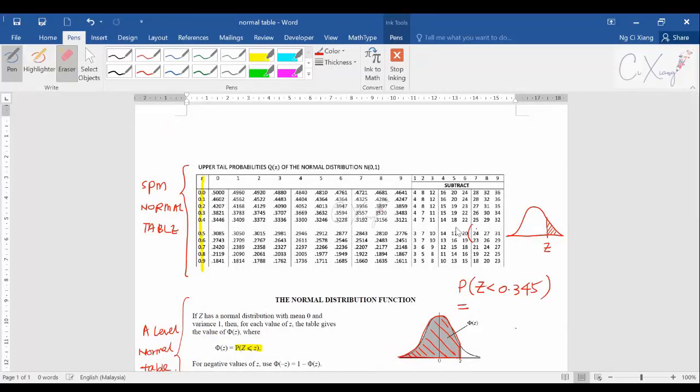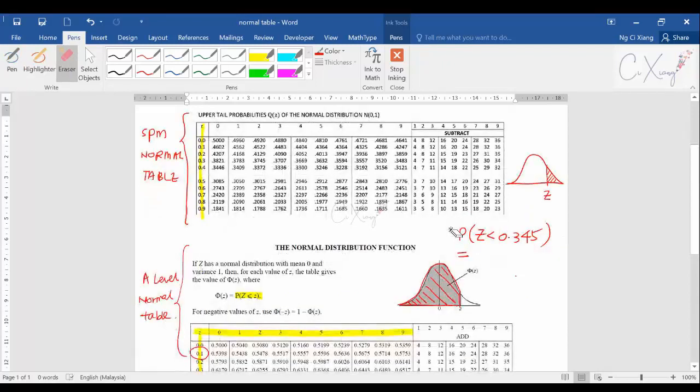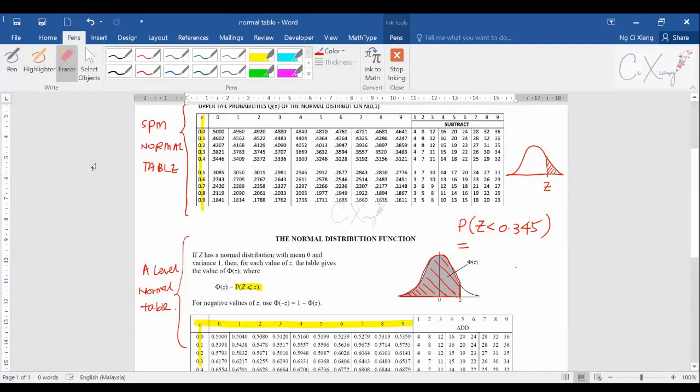Okay, so because now I want to use the table, I will just focus on the A-level one. Okay, so where is 0.3? Okay, so 0.3 is here. Then the 4 is here. So you read this value first, which is 6331.